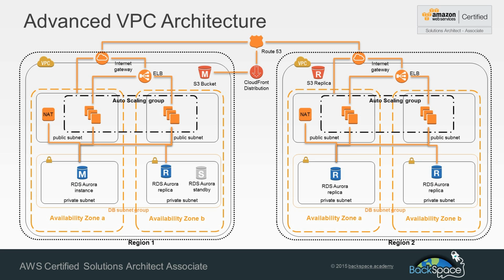And so we can actually create a cross-region read replica of our RDS Aurora instance and have that located in our new region, and that will speed up our reads for that database significantly and reduce the latency for that end user.